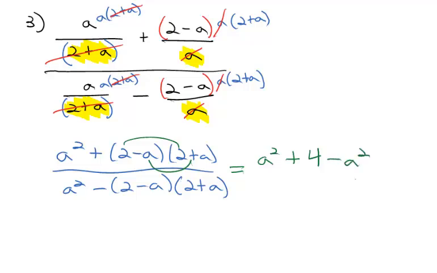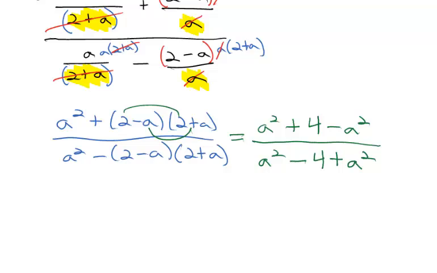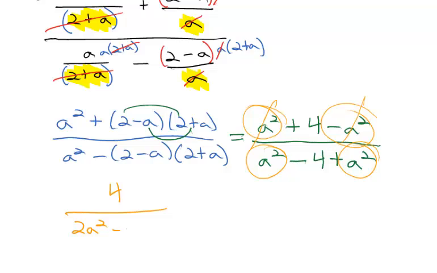The middle terms are going to subtract out to 0. Over a squared minus 2 times 2 is 4. And again, minus a negative is a positive, a squared. And this is nice because the a squared subtract out to 0. A squared plus a squared is 2a squared, so we have 4 over 2a squared minus 4.